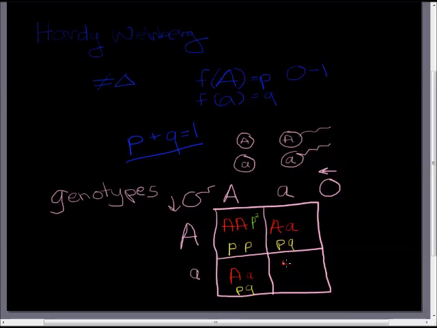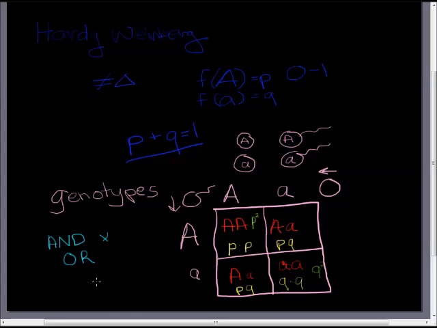And this is also going to have the same frequency as this one here. We're going to have a big A frequency of P times the little a frequency of Q. Now our last square is going to be reserved for the little a egg plus the little a sperm. And so the frequency of this is going to be the frequency of the little a eggs, which is Q, times the frequency of the little a sperm, which is also Q.